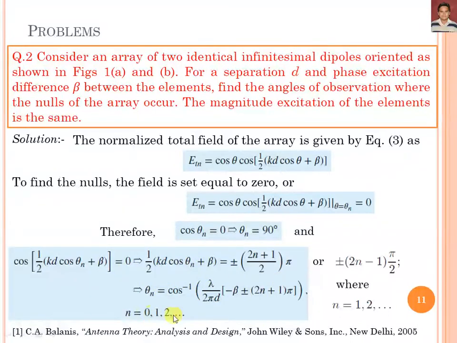This expression is valid when we take n equal to 0, 1, 2, with (2n+1)/2 plus or minus, times pi. So this is the analysis of this problem.